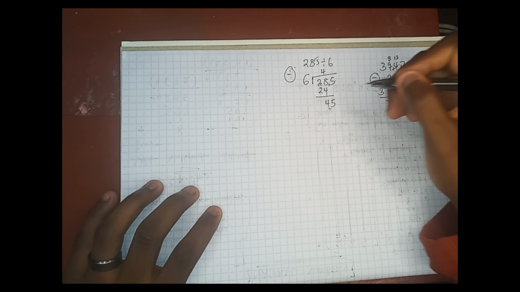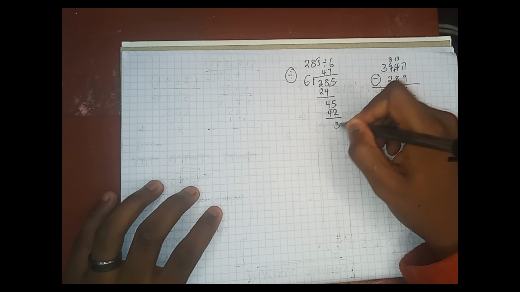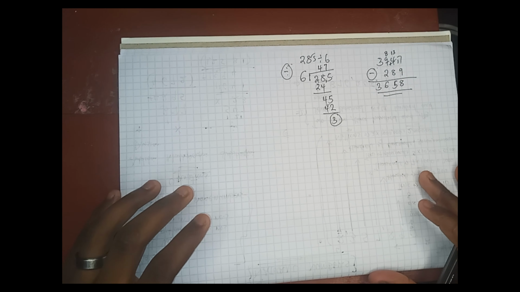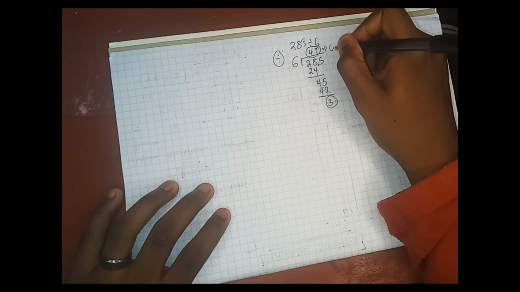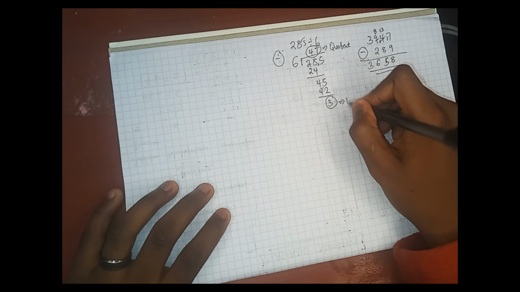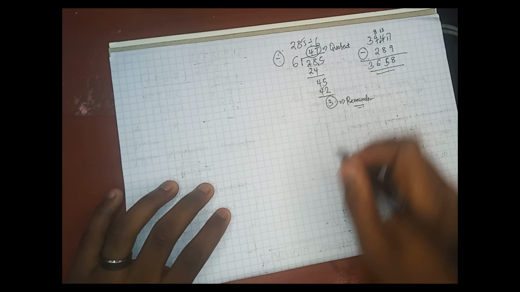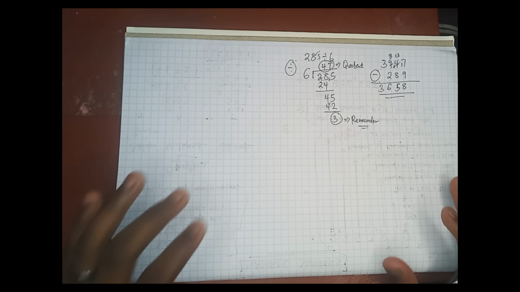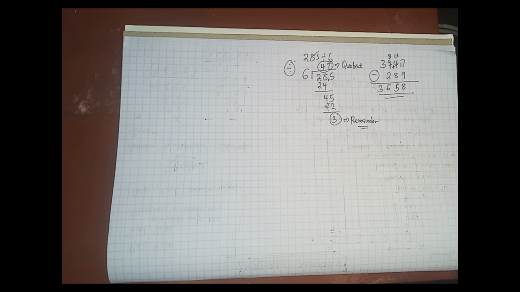So 45, the nearest is 6 times 7, which is 42, kuja 3. So you can't do it anymore. So from there, this 47 is what we call the quotient. Now 3 is what we call the remainder. So at times unaweza ambiwa multiply the remainder of the following sum to 10 and give the answer.